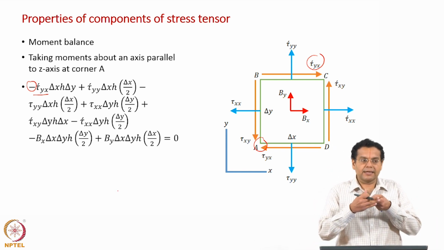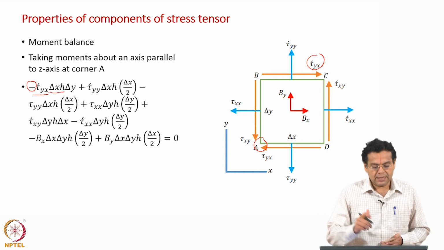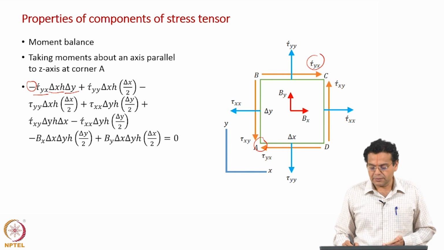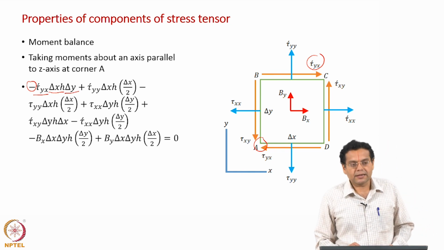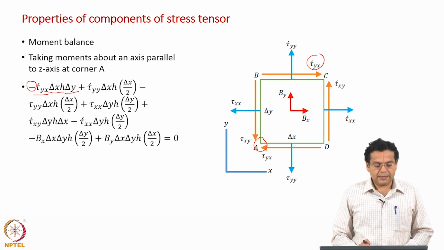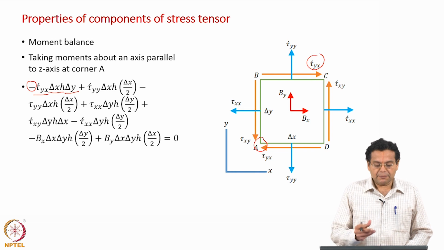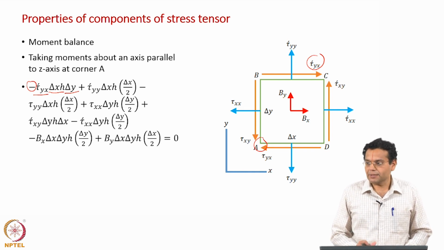And the lever arm, or the perpendicular distance, is delta y from the axis A till that face. Okay. So, we multiplied the stress with the area to get the force, and multiplied with the perpendicular distance, and taken the sense of rotation as well.